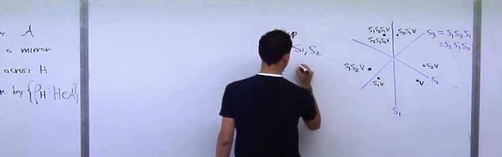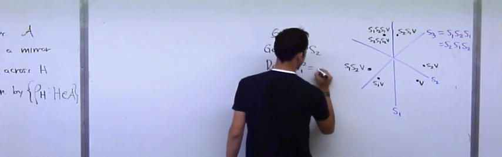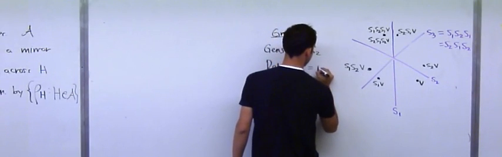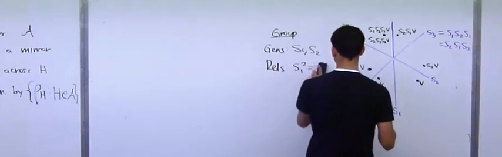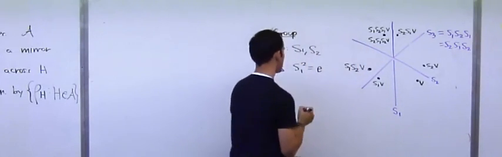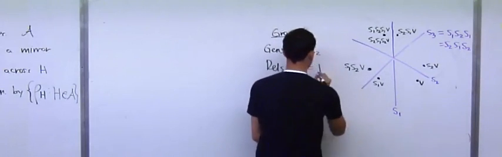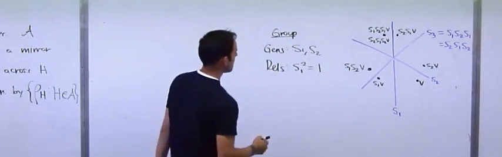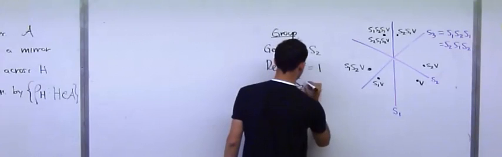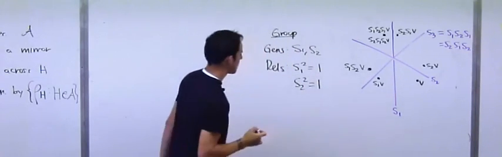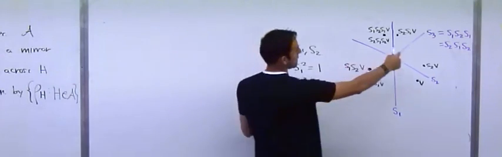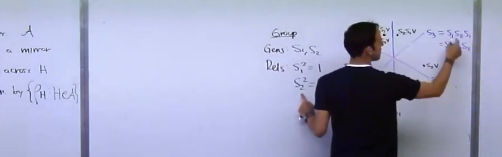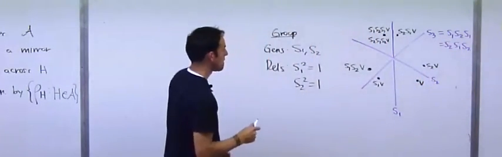So that means that S1 squared is equal to 1, the identity. Let's just call it 1. For the same reason, if I reflect twice across hyperplane 2, I get 1. And the other relation that I have is that these guys are equal, okay?